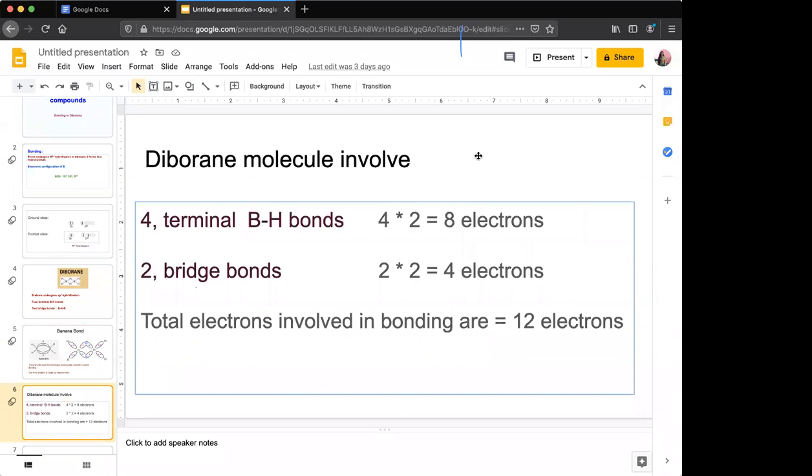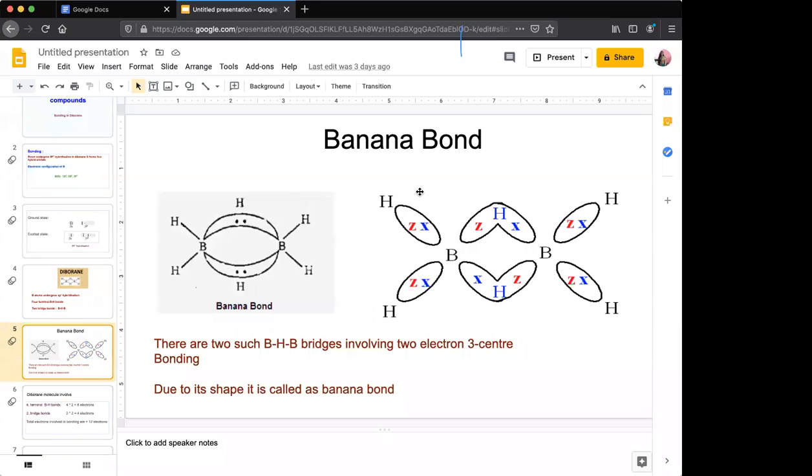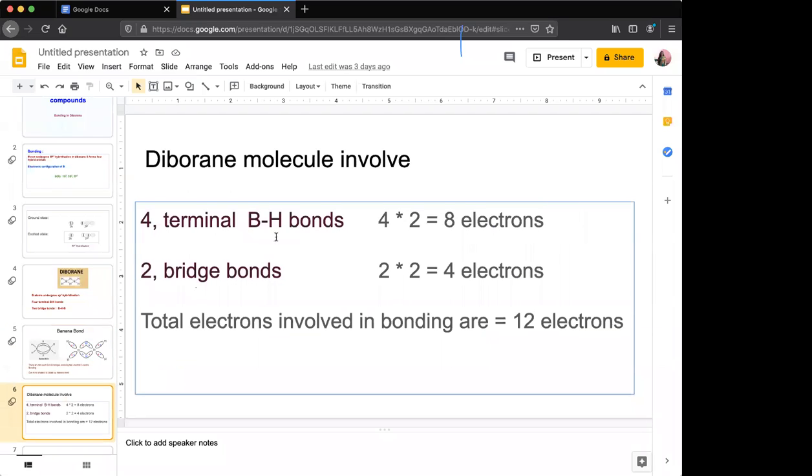Now let's see how many electrons are involved in the diboron molecule. The diboron molecule has 4 terminal BH bonds, right? And one BH bond involves 2 electrons. There are 4 such terminal BH bonds, so 4 into 2, 8 electrons.